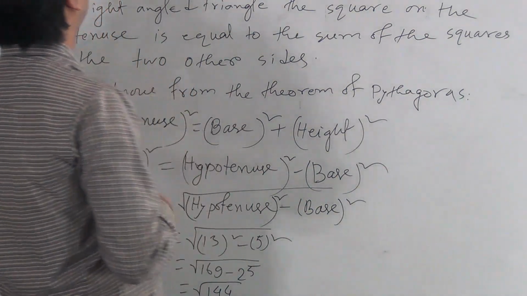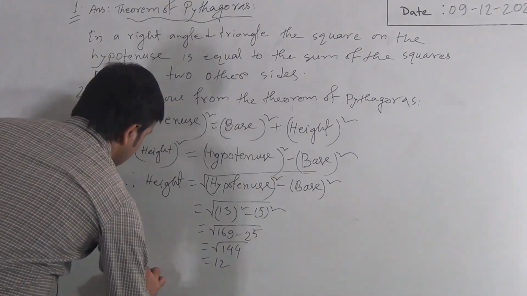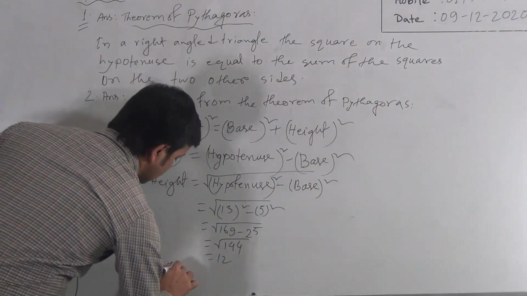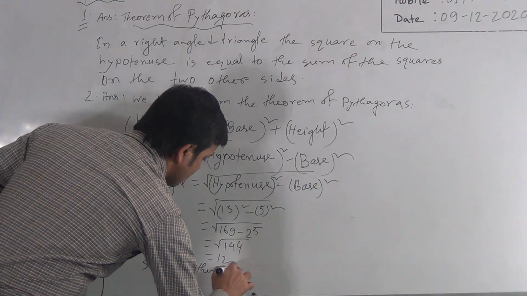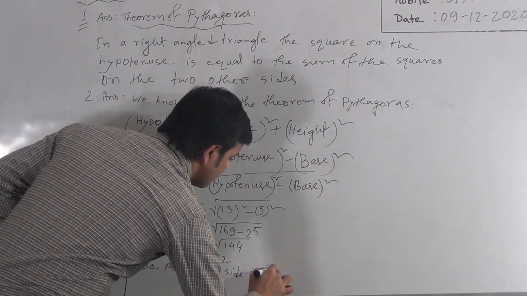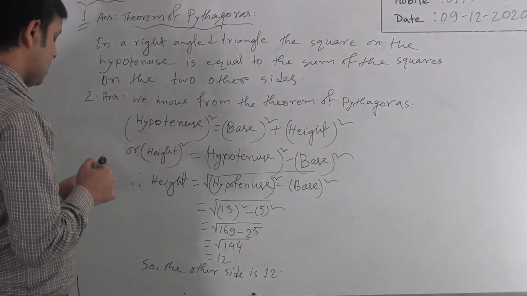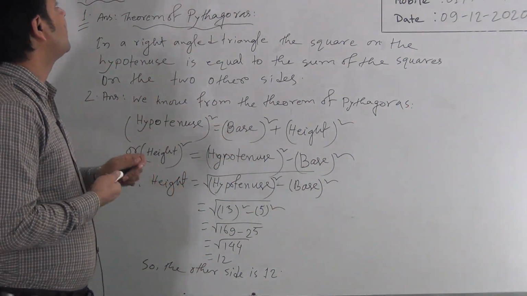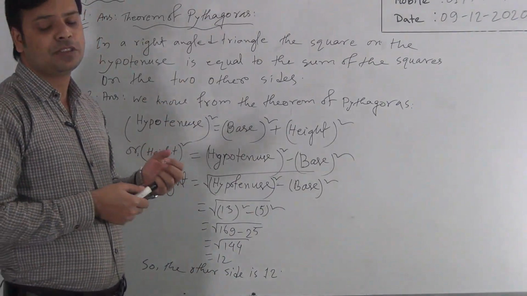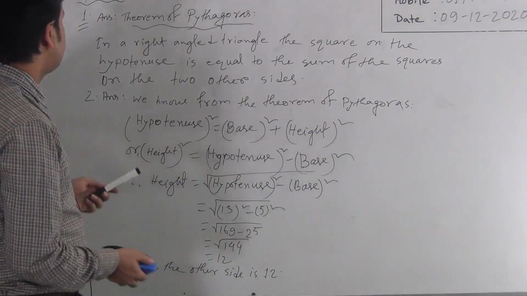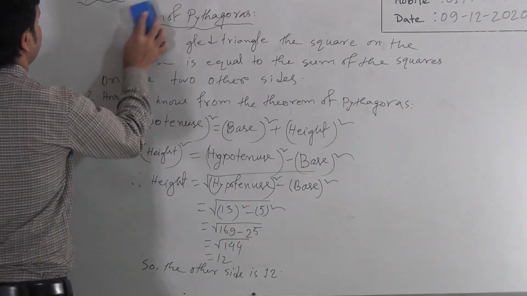So the other side is 12. It means that the ratio of three sides is 5:12:13. Okay, this is the solution of second question. Okay dear students, now see the third question.